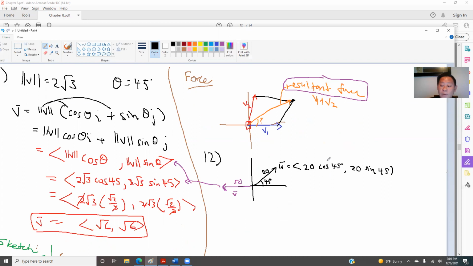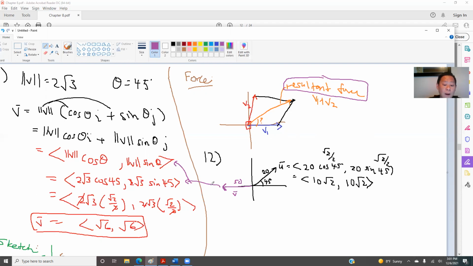We know 45 degrees for sine and cosine is √2/2. So the 2 will cancel with 20, and become 10√2. So the component form for vector U is 10√2 and 10√2.